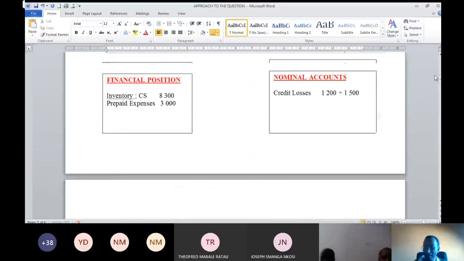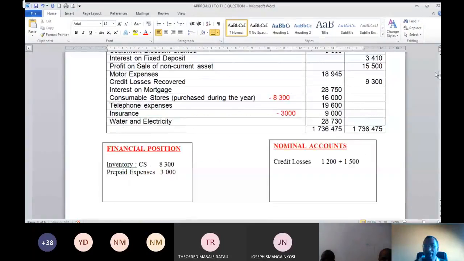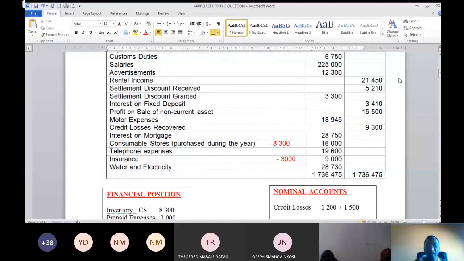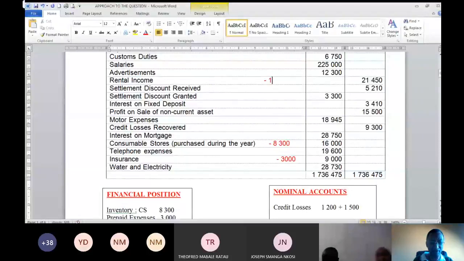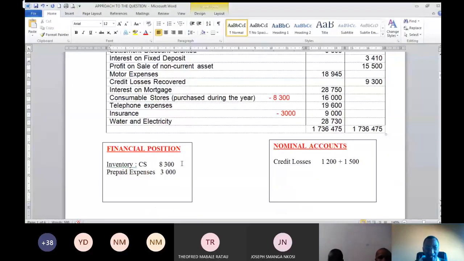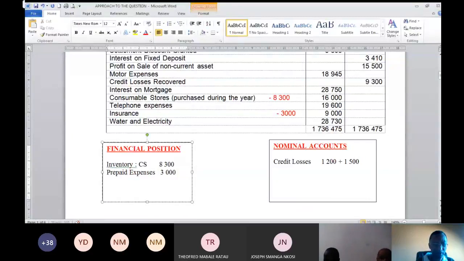Go back to your trial balance now. And your rental income that you will see there, that rent income, the 21,450 was actually too much. So we will say minus 1,650 to get the actual amount for this year. And we are working with a financial position account called income received in advance, which is a liability, and the amount is 1,650.